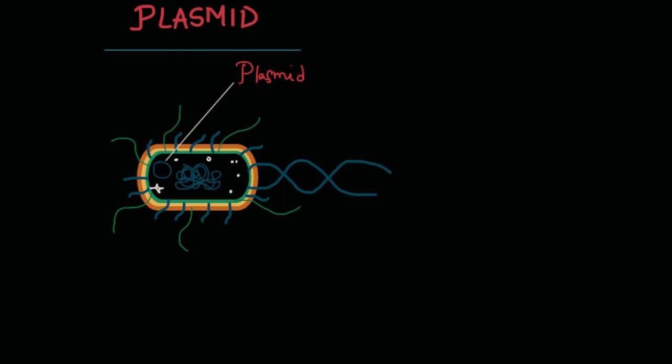We already learned about nucleoid. That nucleoid contains the prokaryotic genetic material or chromosome. Apart from the chromosome in nucleoid, there are certain prokaryotic cells which contain extra chromosomal segments of DNA. These are called plasmid. Plasmids are self-replicating, that is, they can replicate on their own.